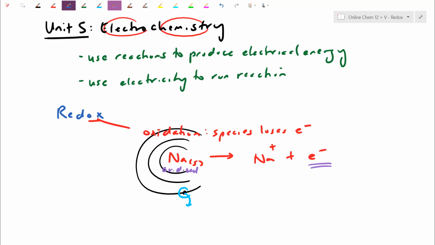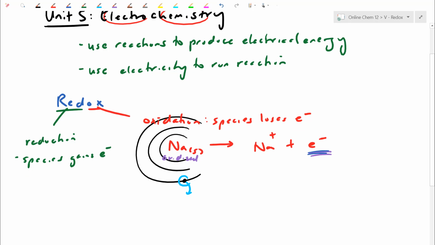Turns out an oxidation reaction cannot happen by itself because we're just delivering off all these free electrons. Charges in general are unstable. So unless someone is willing to pick up these electrons, the oxidation reaction won't happen by itself. So the other side of this equation is the reduction part. For a reduction reaction, you guessed it, a species actually gains electrons, and I'm just writing electrons as e minus.